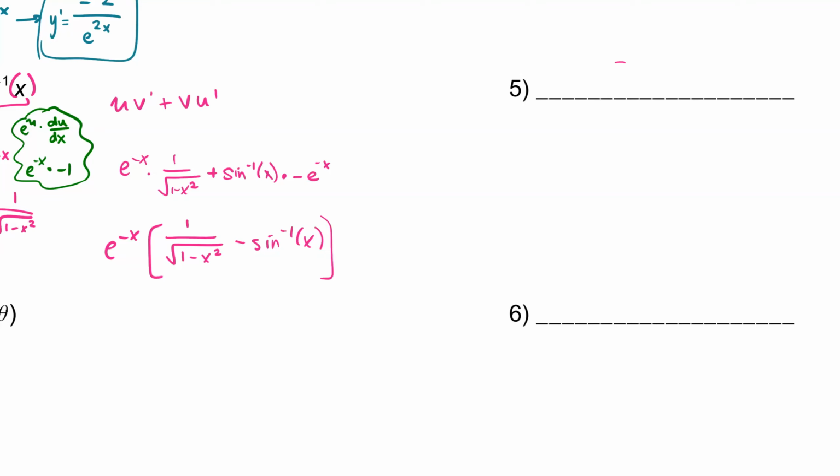This time, all I'm going to do is rewrite the answer so it looks a little nicer. So I have e to the negative x to the 1 over square root of 1 minus x squared minus sine inverse of x. That's where I'll leave it.